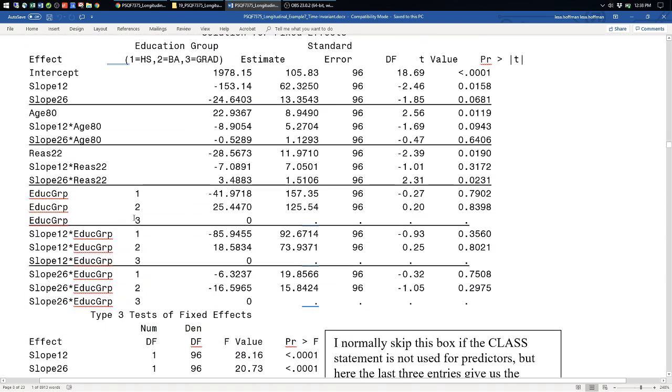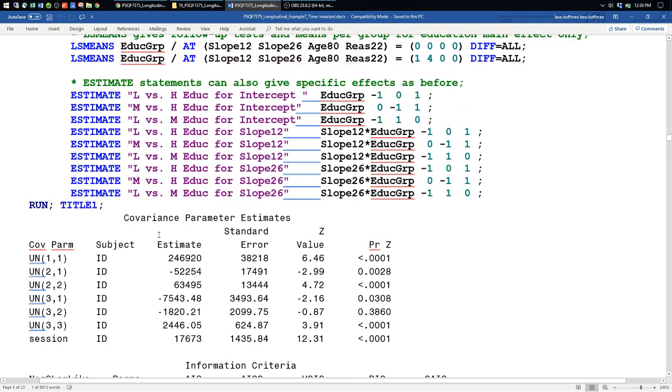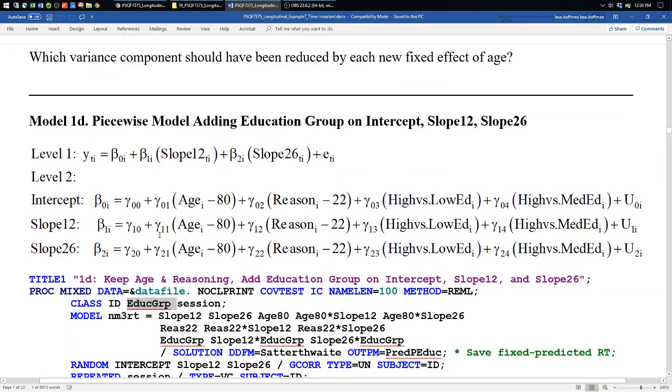When we get down to the fixed effects, you'll see that the 3 group is zeroed out. That means they're the reference. And then each of the other coefficients is how 3 compares to 1 and 3 compares to 2. So I wrote the model in the same way that SAS fit the model. Does that help? Yeah, okay.